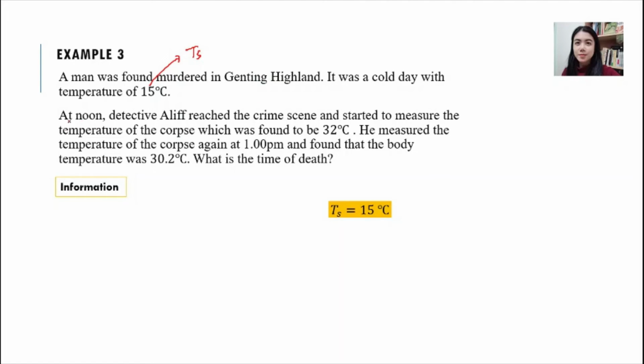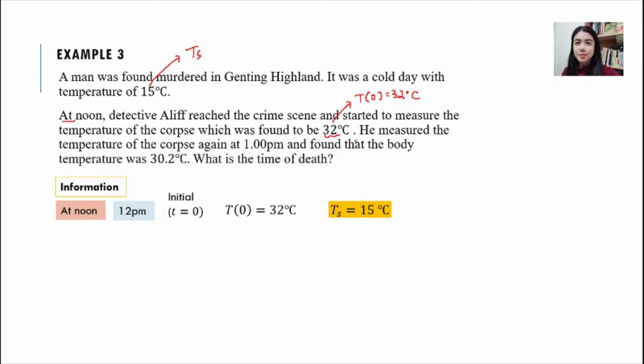And it mentions that at noon, so it means that it is 12 p.m. So this is your time, your time equal to 0, your initial time. So the detective measures the temperature of the corpse, which was found to be 32 degrees Celsius. This is actually the temperature at time equal to 0, which is equal to 32 degrees Celsius.